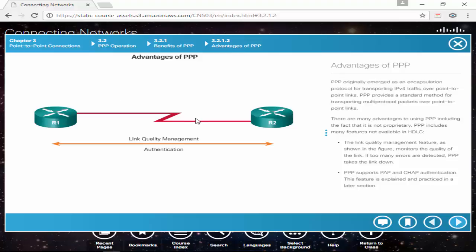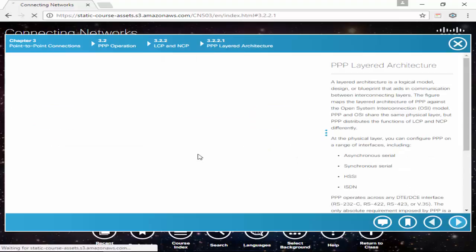So it kind of gives us an IP SLA feature kind of thing where we're monitoring what we're actually getting. PPP supports PAP and CHAP authentication. This feature is explained in practice later in the section. So basically we can authenticate. That's all it's saying. We can use a username to sign in here and here. It's not just on, right? So we can secure ourselves.